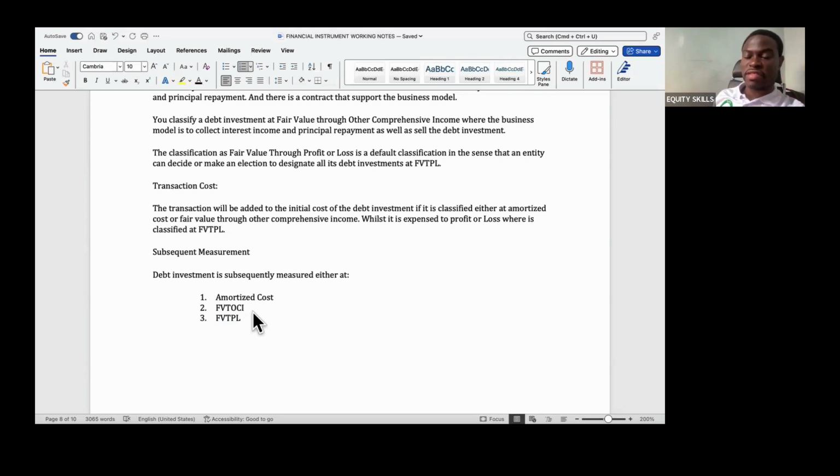If there is an increase in that value, it goes to OCI if you are measuring at fair value to OCI, or it goes to P&L if you're measuring at fair value to P&L. That's just like that of equity investment. But amortized cost is really what you will find the examiner asking you in these situations.